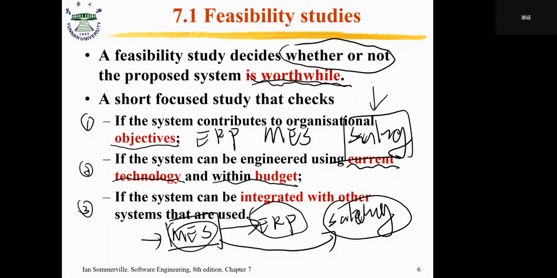A selling system sells the products they produced. And what is ERP? Who can tell me? Actually, every company today, even the university, even our university, has an ERP system. Do you know what ERP is?